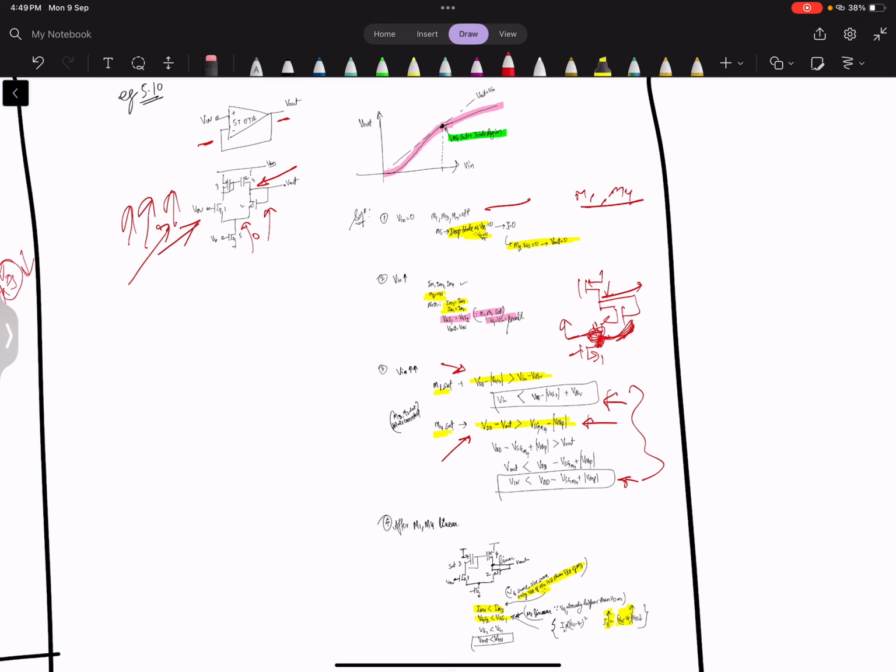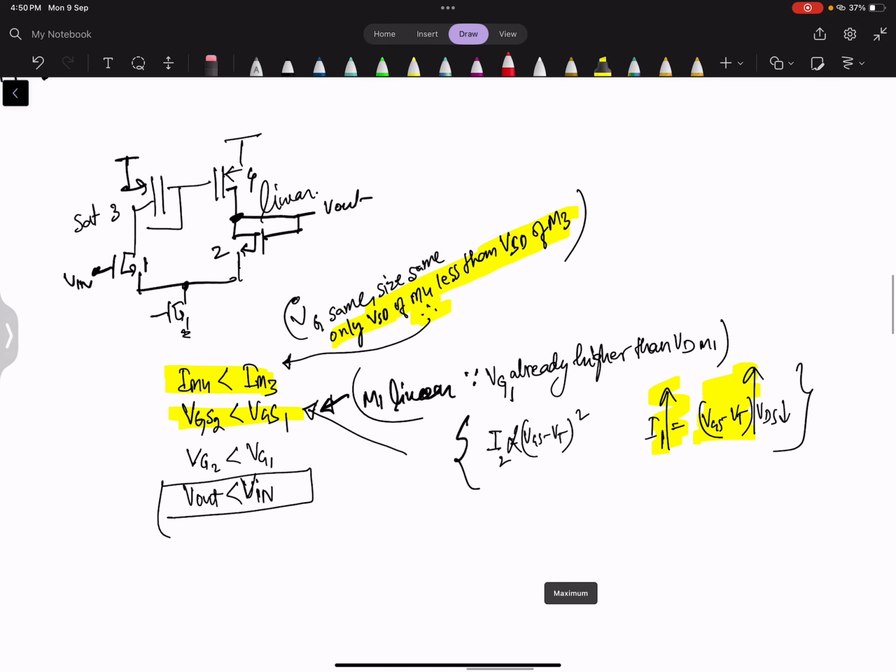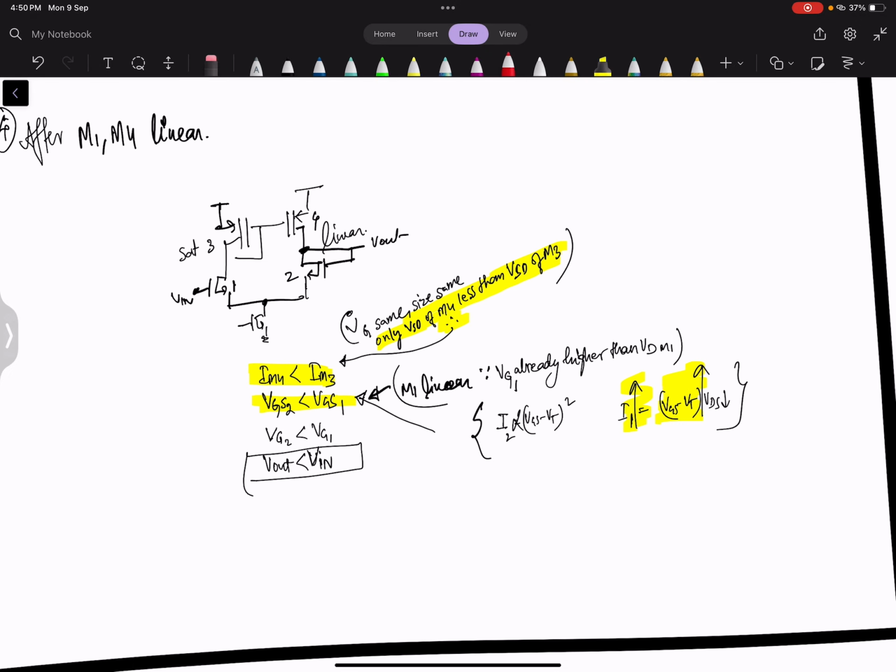But the point is, in this case, when Vin is increased and M1 and M4 are going from saturation to linear, let's see how the characteristics of the circuit will look. So this is also linear, this is also linear. What is the meaning of linear?